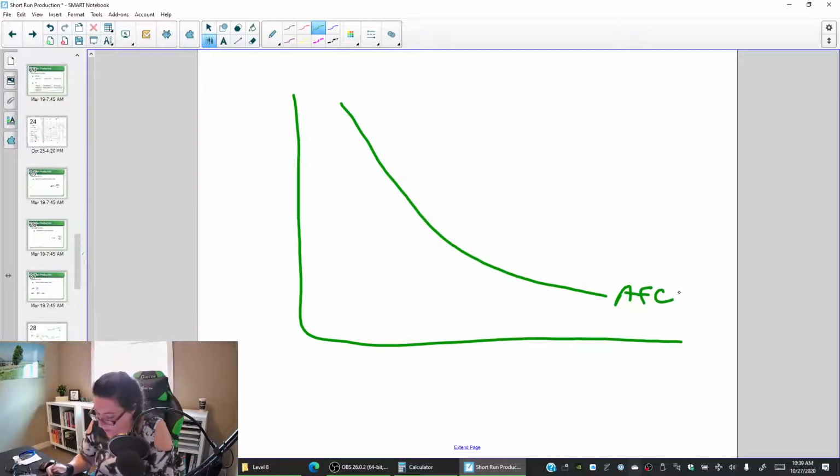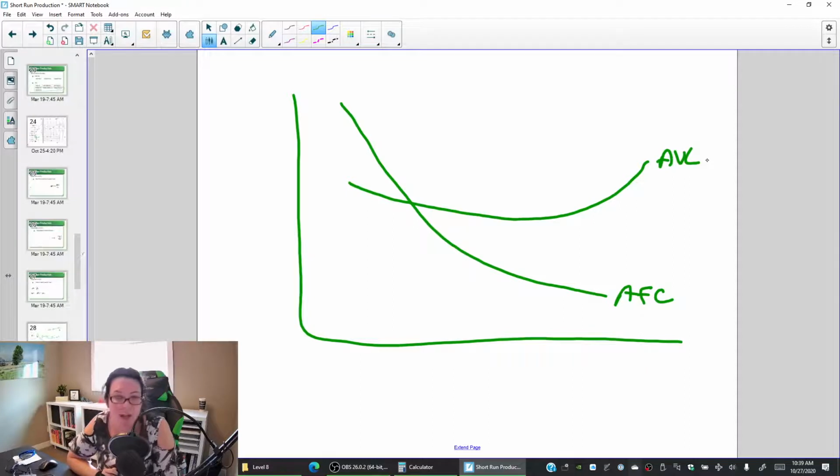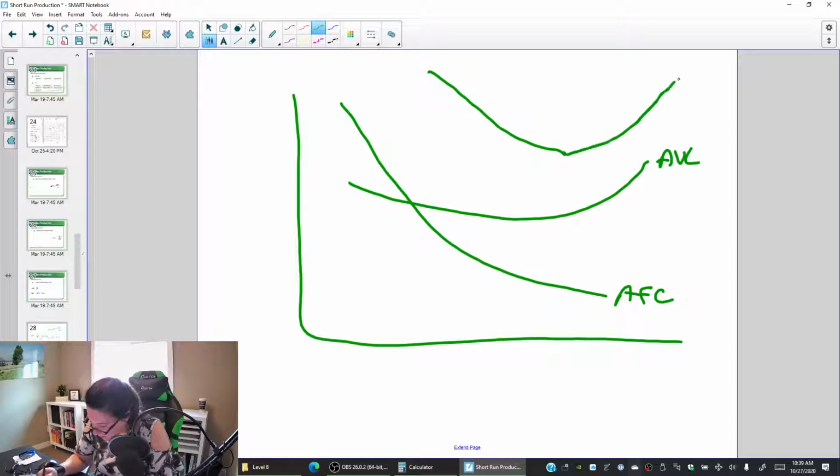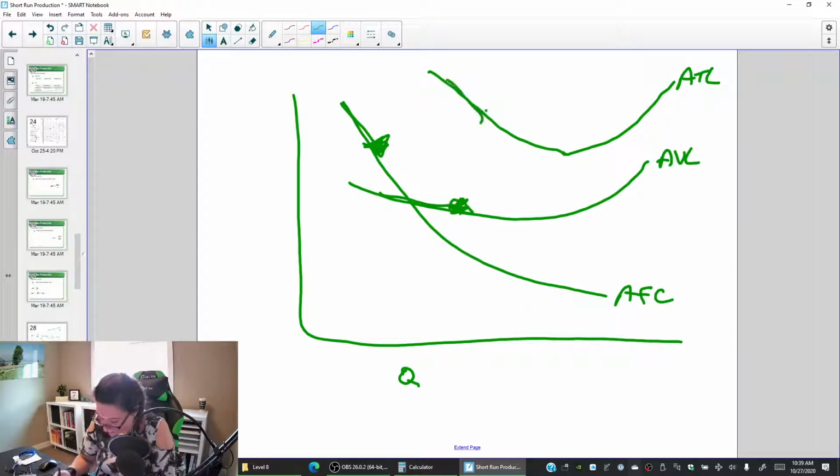If we were to look at the theoretical graphs, what we see is average fixed cost is continually declining. What we see for average variable cost is it looks like a U. And average total cost declines and then increases, so it is also a U. Because at the lower quantities, the average fixed cost is pulling it down, the average variable cost is pulling it down, so we get a decreasing average total cost.